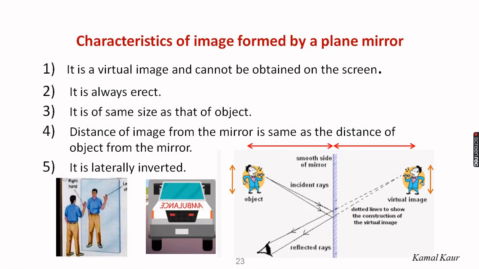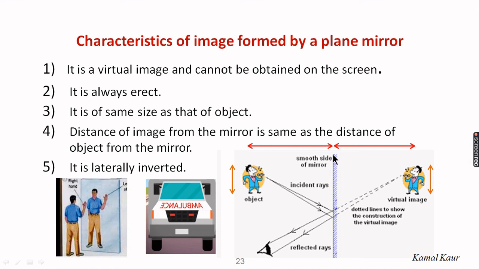So let's now see what are the characteristics of the image formed by a plane mirror. It is virtual and it cannot be obtained on the screen. It is always erect. And the image which is formed in the plane mirror, the size of the object will always be equal to size of the image, and the distance of object from the mirror will always be equal to distance of image from the mirror.